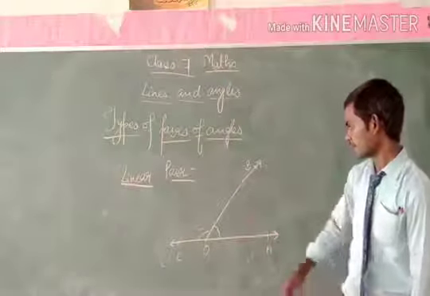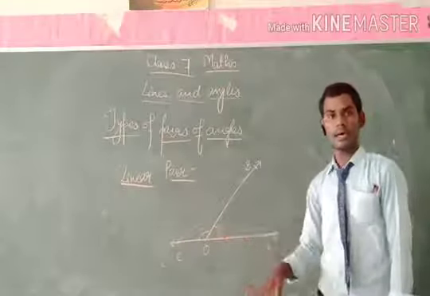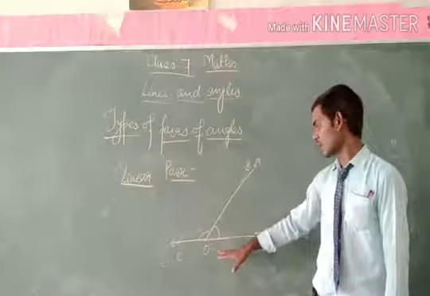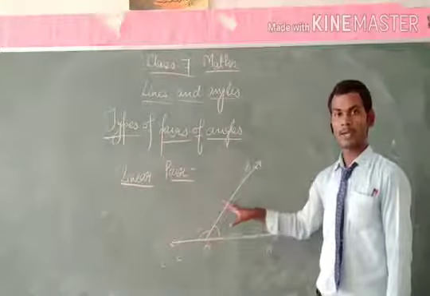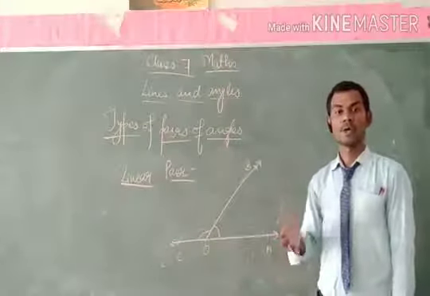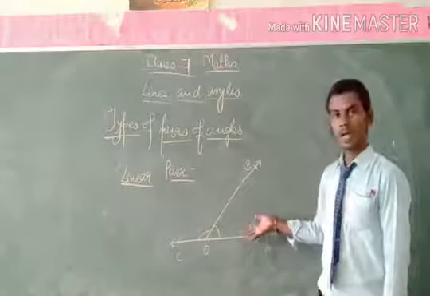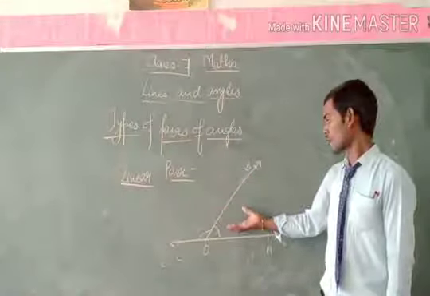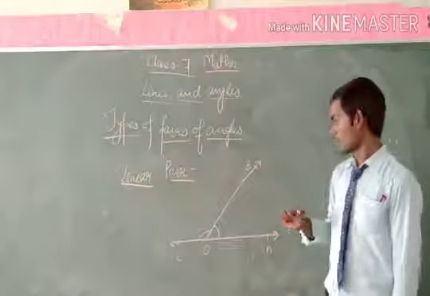Here we can see that two angles are formed and both are adjacent angles, because in the figure OB is the common side and the point O is the common vertex, and the other sides are lying opposite to the common line, so they form adjacent angles.